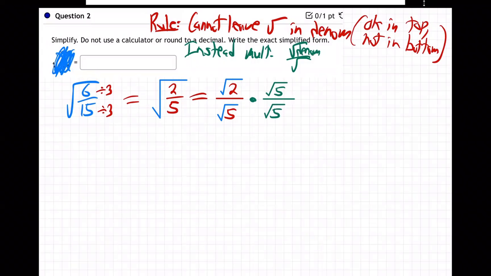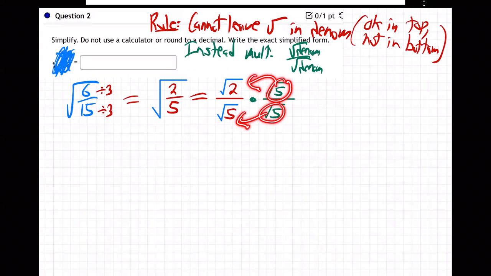Whatever's in the denominator, the same thing over top. So I'm doing the same thing to the top and the bottom, right? You see that I'm multiplying the top by square root of 5 and the bottom by square root of 5. So nothing's going to change, right?